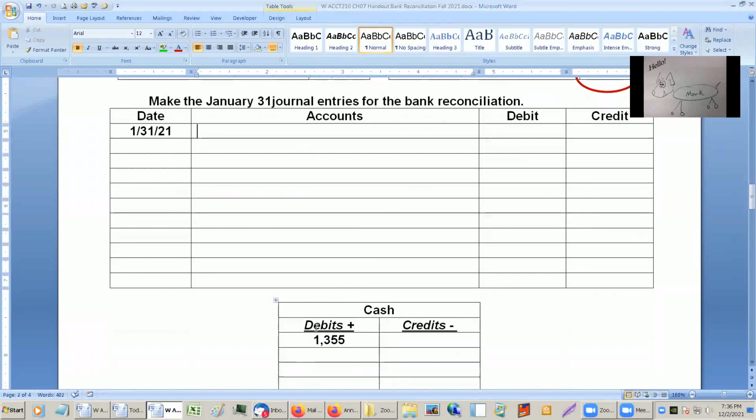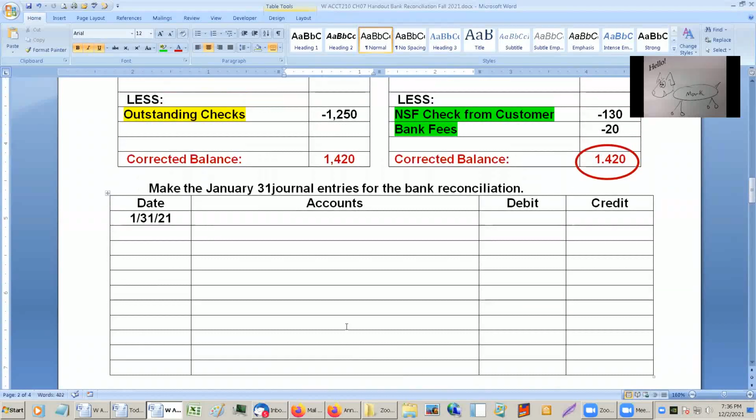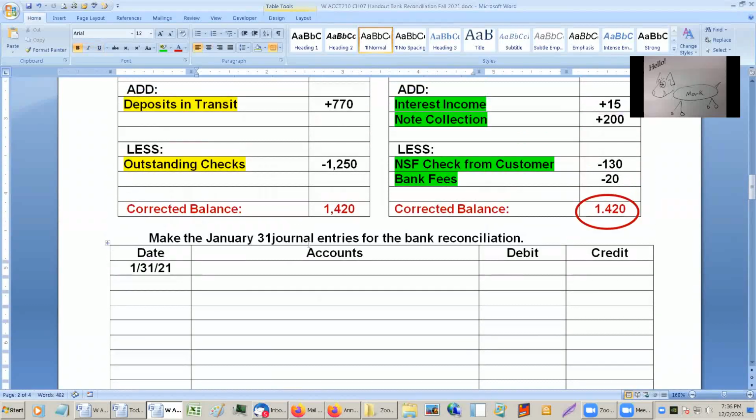So cash, again, goes up with a debit. So we'll have $15 in interest income.